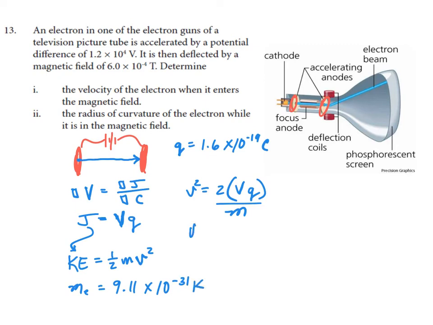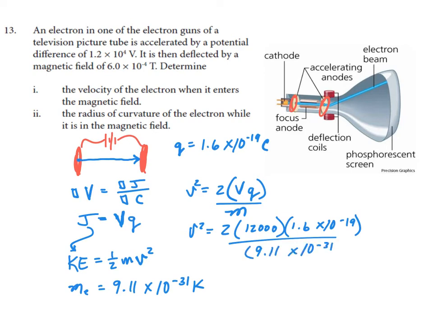All right, so v squared is going to be equal to 2 times the voltage, times the charge, divided by the mass, and that will give us the velocity of the electron.